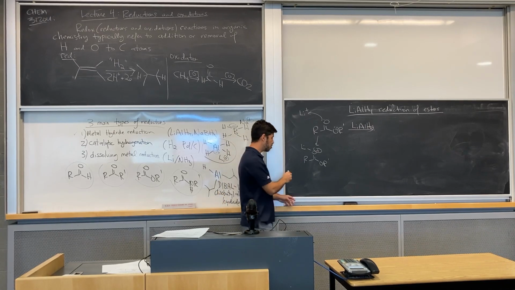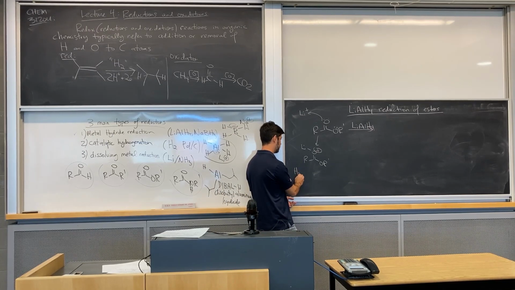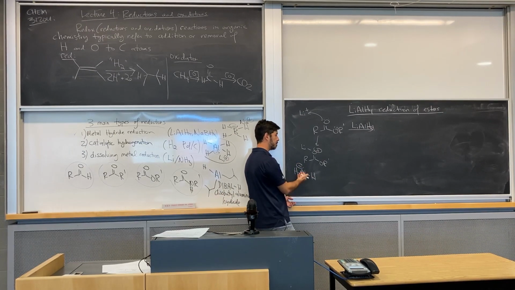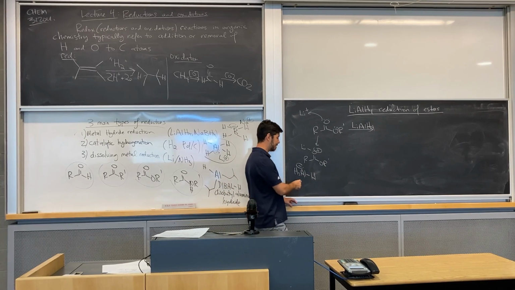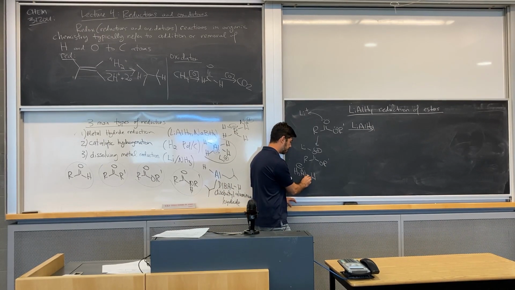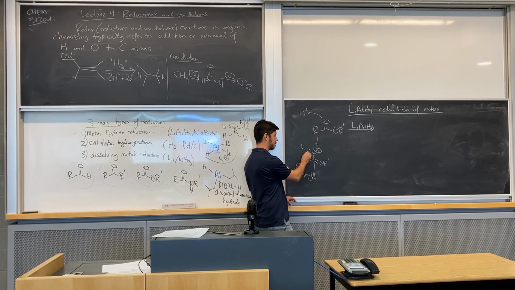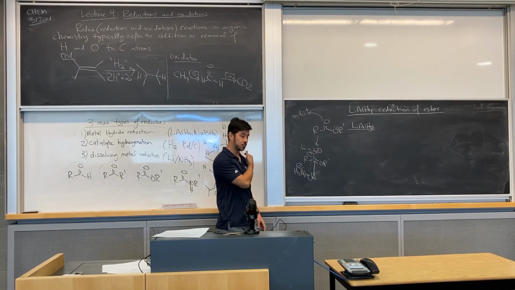So now your negatively charged aluminum can now act as an appropriate reducing agent and start to reduce the ester. So let's take a look and see what that looks like. So this is going to come and react analogously to how it's shown back over there.